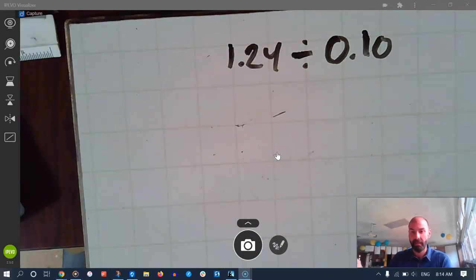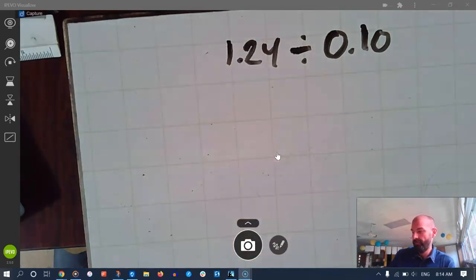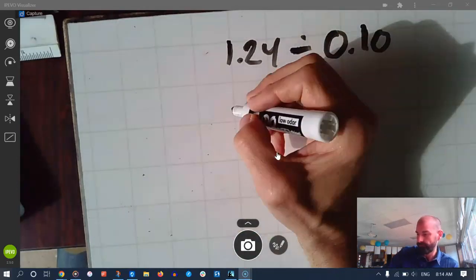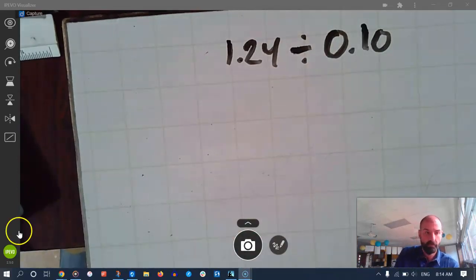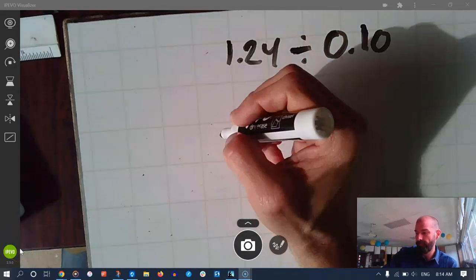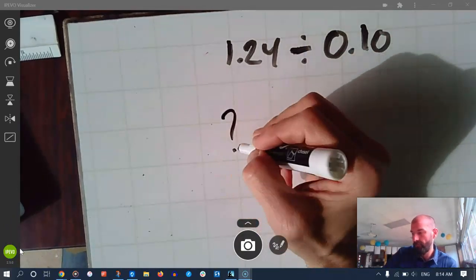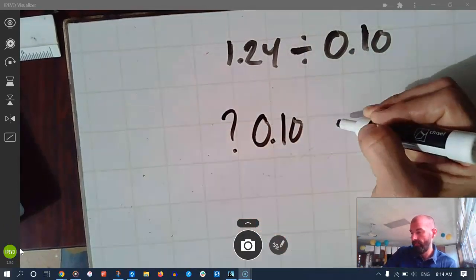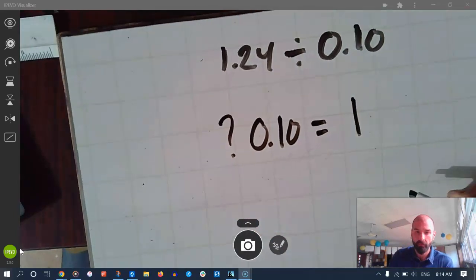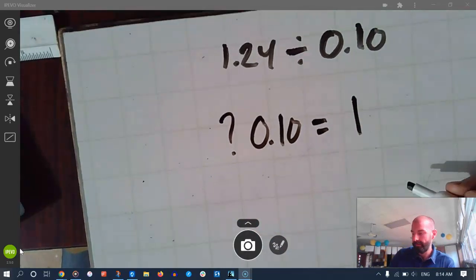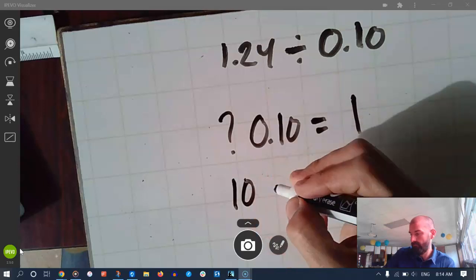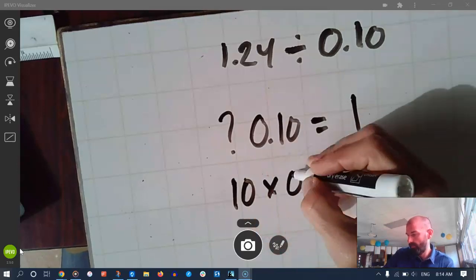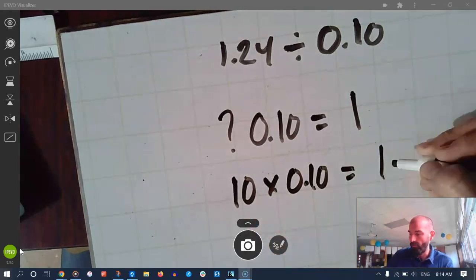So dividing by 1/10 looks a lot like multiplying by 10. Because let's think this out. How many tenths equal 1 whole? Well, that's 10, right? 10 times 1/10 equals 1 whole.